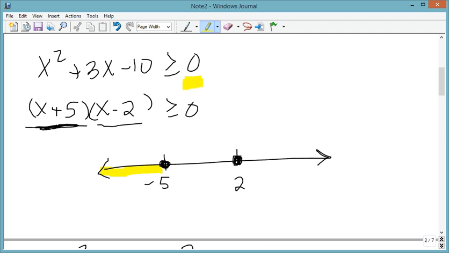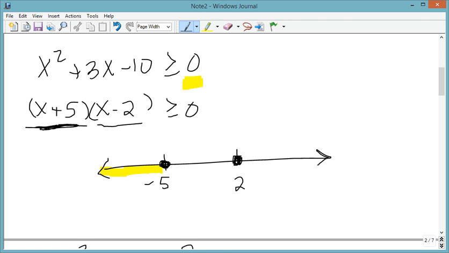And I want to figure out, is this interval positive or negative? Because we know it's all one or the other. If one point is positive, they're all going to be positive. If one point is negative, they're all going to be negative. So I want to just pick a point in that interval and plug it in here and see what the answer will be, right? So let's pick -6.